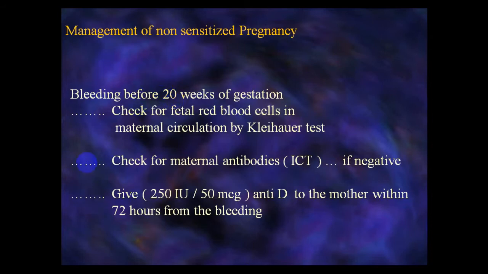So if the patient develops vaginal bleeding in this period, she should be given prophylactic anti-D within 72 hours from the bleeding.